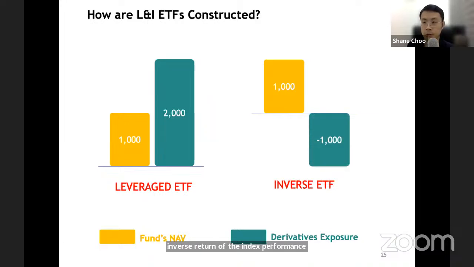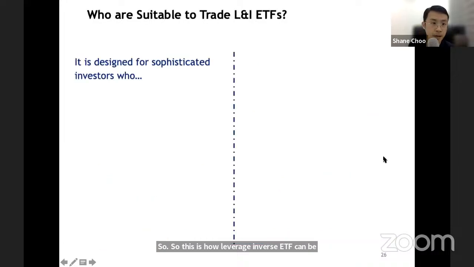They get into futures and options that give the return that is terbalik, the other way around, so as to get an inverse return from the benchmark index. This is how leverage and inverse ETFs are constructed using derivative instruments.